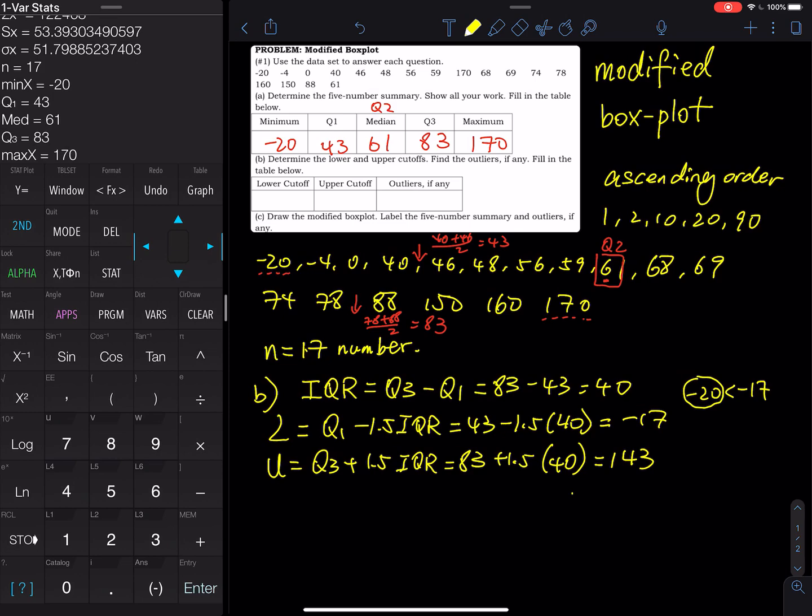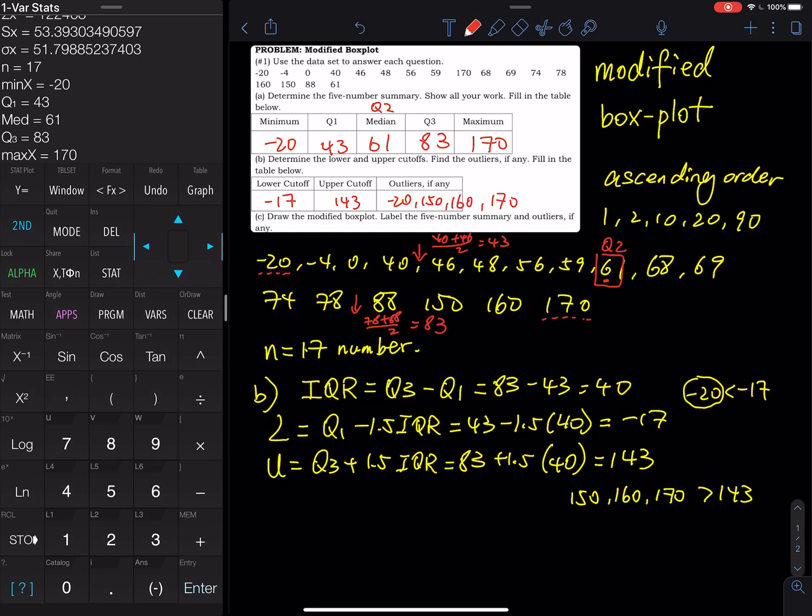So we have 150, 160, 170, they are greater than 143. So that means we have 4 outliers. So let's fill out the blanks. This is -17, this is 143, this is -20, 150, 160, and then 170.